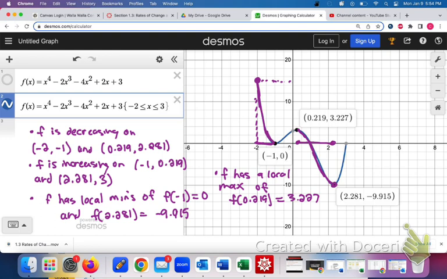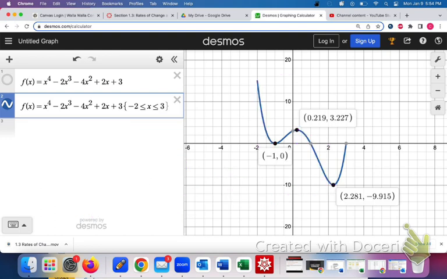I'll write this on the next page. We have a highest point and a lowest point. The highest point is at a height pretty close to 15, approximately 15. And the lowest point, we have the y-coordinate of negative 9.915.